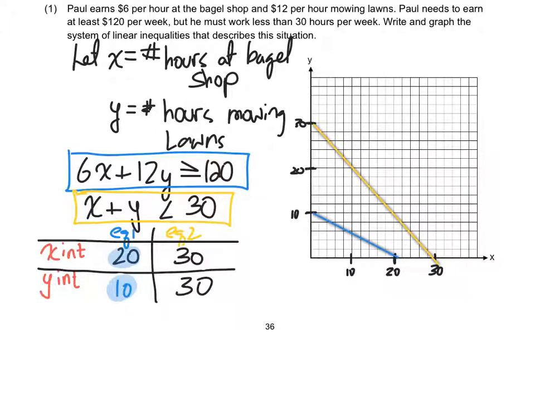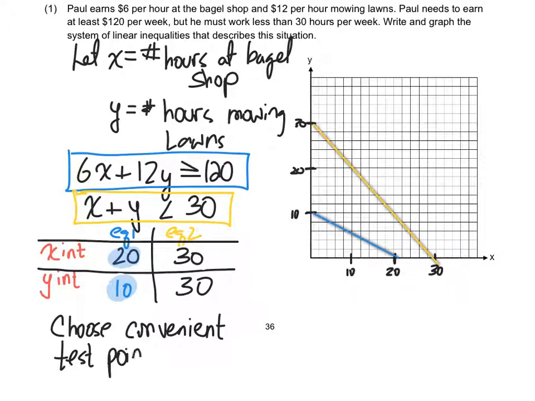So what we do is we choose a convenient test point that's not on either line.